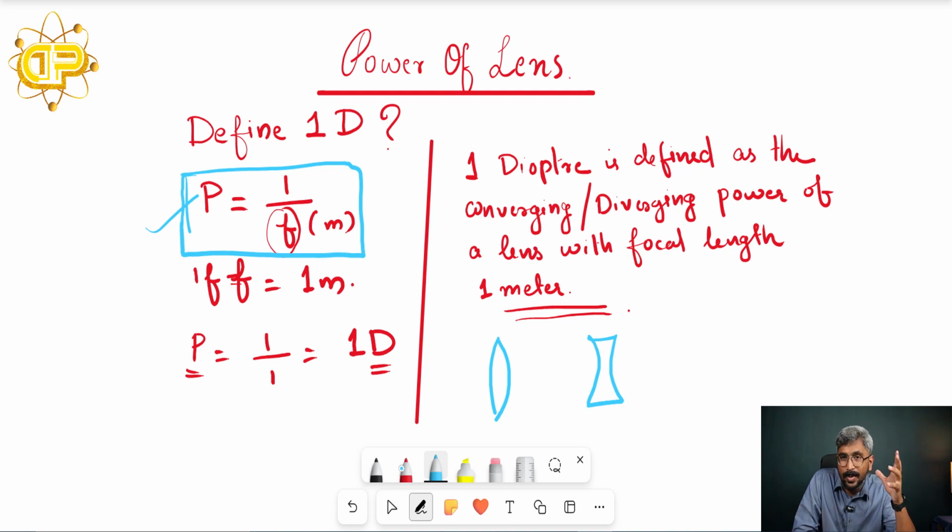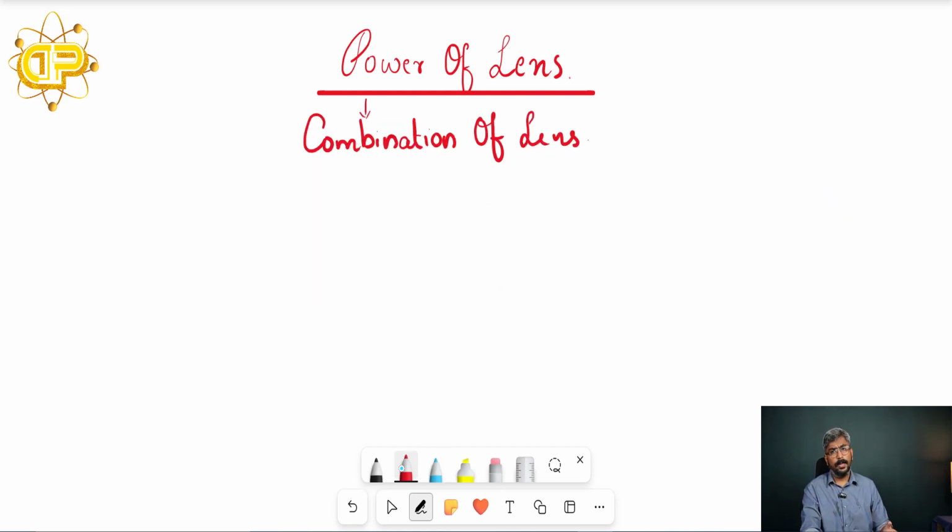How can you solve the power of a combination of lenses? The power of a combination of lenses is the next topic, so we will see how to deal with that. It is simple: you just take the individual powers and add them, and then you get the combination power.